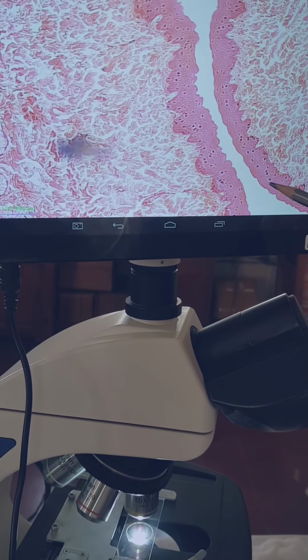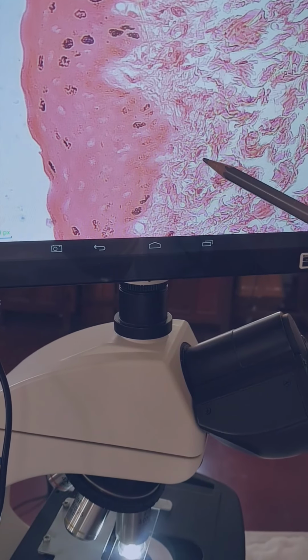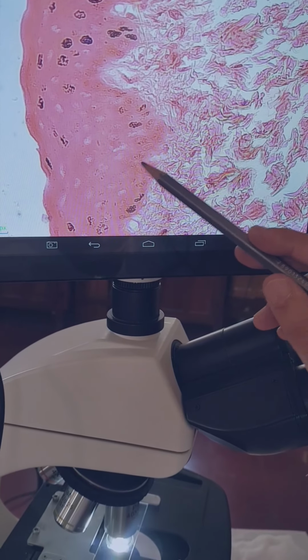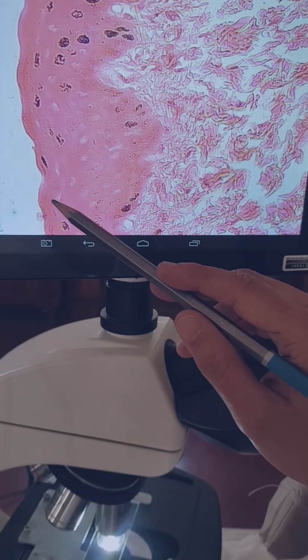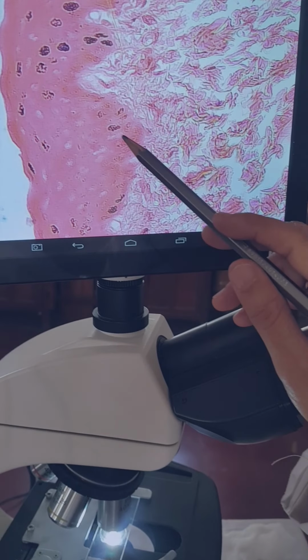This is on low power. We will see it on high power. Same slide of esophagus, we mounted it on high power. See, this is the stratification. This is squamous stratified non-keratinized epithelium.